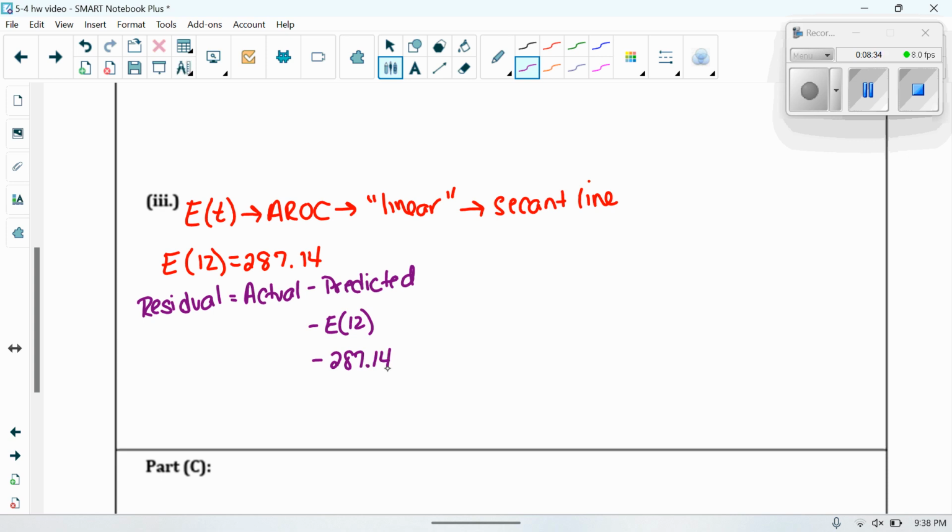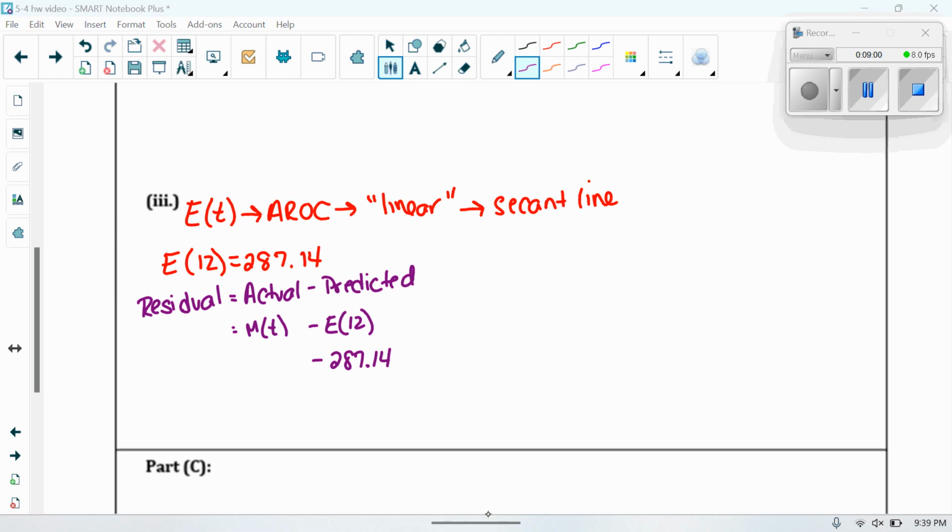So hopefully you're with me so far. The actual is going to be M of 12. Now, it's not really the actual because it's not a data value, but it is the model. So in this case, they don't mean actual, they mean model or the predicted. It's a little bit hard because they're both predicted.